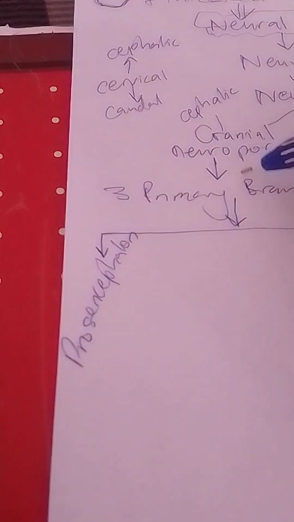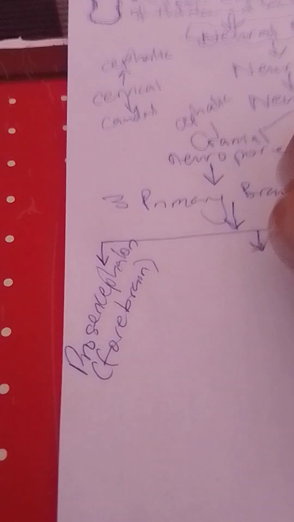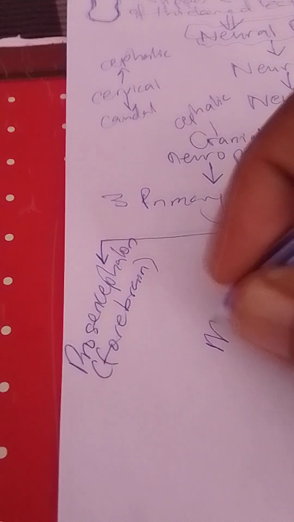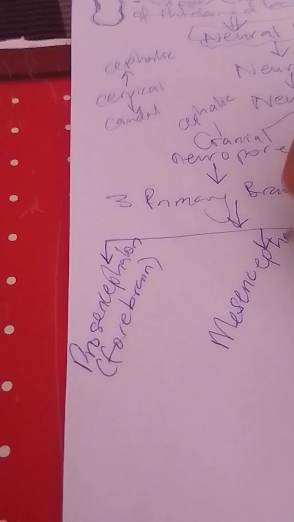Okay, so the first one is the prosencephalon. And as you can see, cepha is coming from cephalic, so the head, prosencephalon. So this becomes our future forebrain. What is the second brain vesicle? The second one is going to be our mesencephalon.